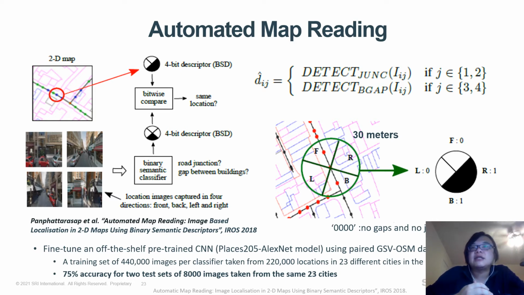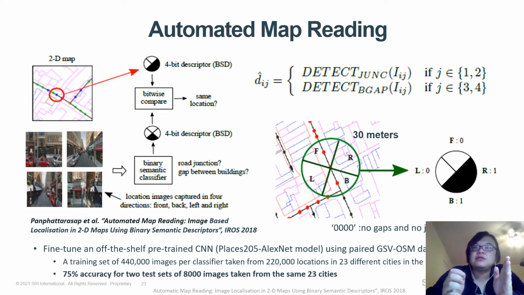For the 4 directions, front, back, left, and right, it uses 1 bit to encode whether there is a gap or there is a junction along that direction. For example, we can see the right picture about how to encode this information of one geodetic position on the OpenStreetMap.